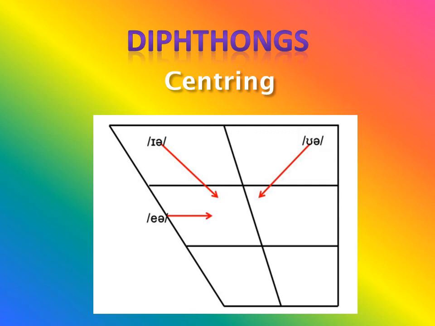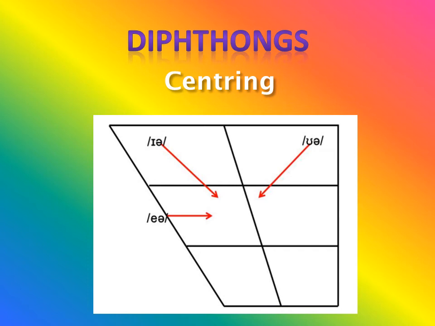Another difference is the fact that English diphthongs have shortened allophones before voiceless consonants or unstressed syllables, and Rioplatense Spanish does not have such an allophonic variant.